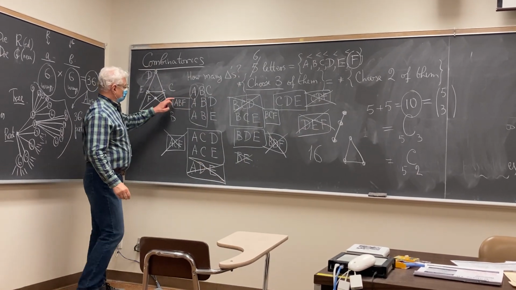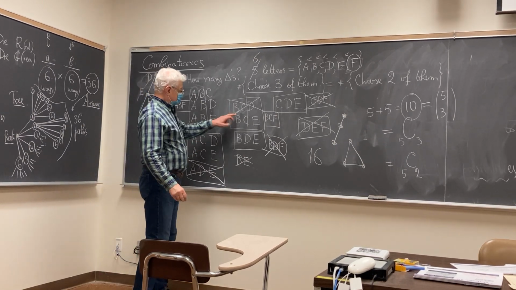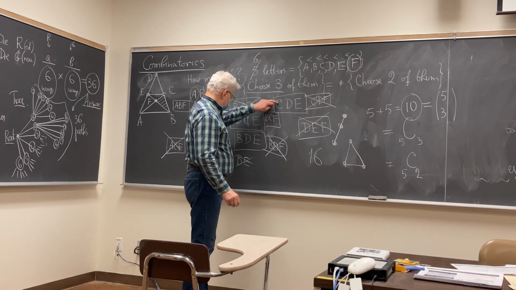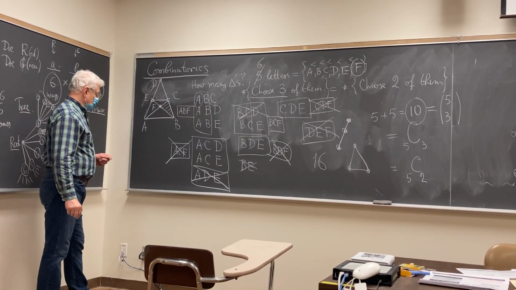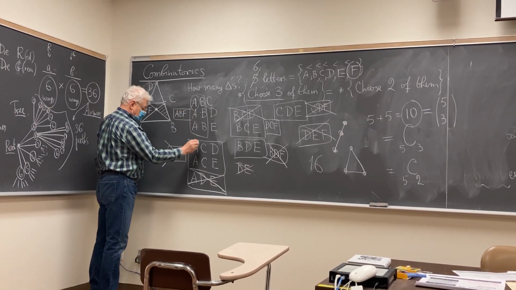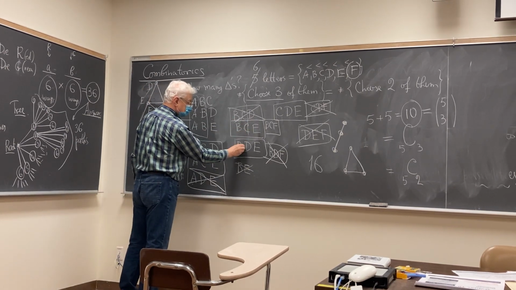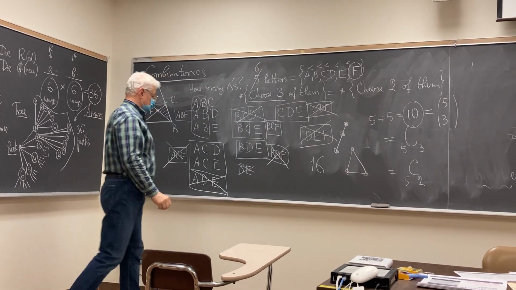Okay, so how many are left over? Let's count. 1, 2, 3, 4, 5, 6, 7, 8, 9, 10, 11. Okay, what is one more? Let's check once again. 1, 2, 3, 4, 5, 6, 7, 8, 9, 10.